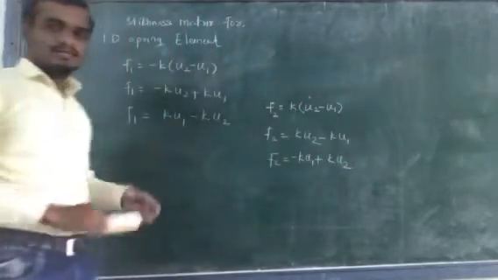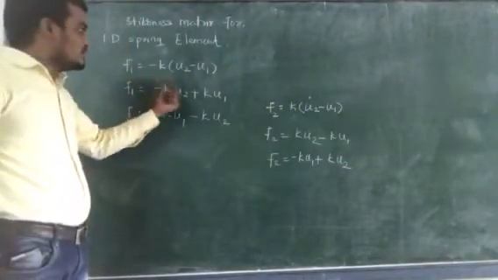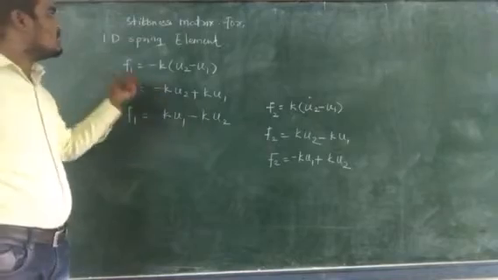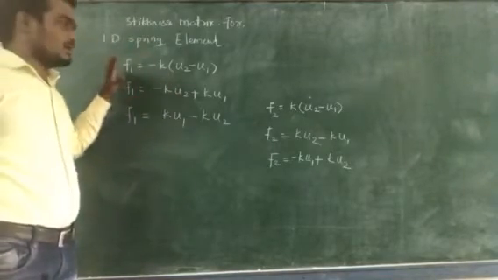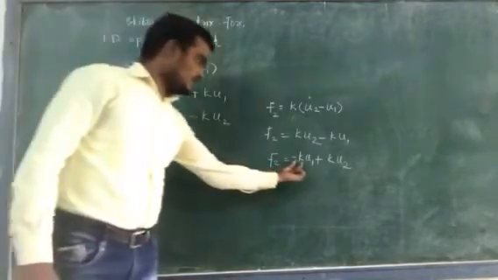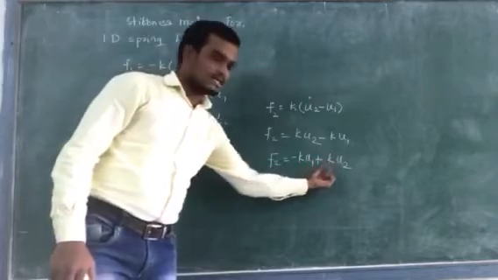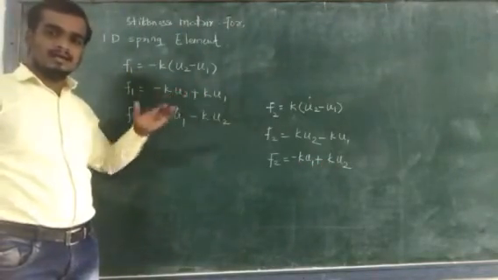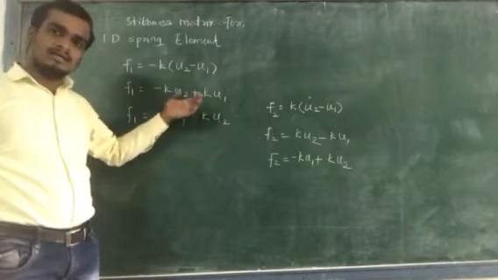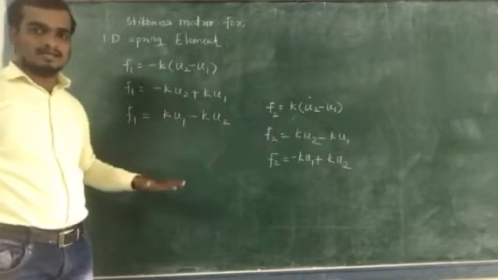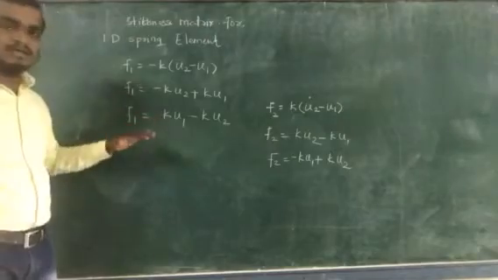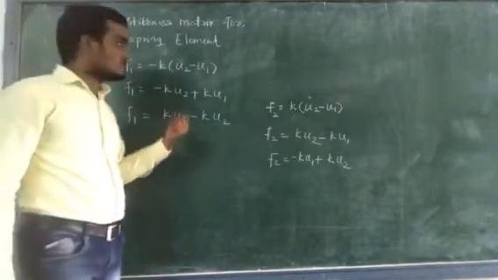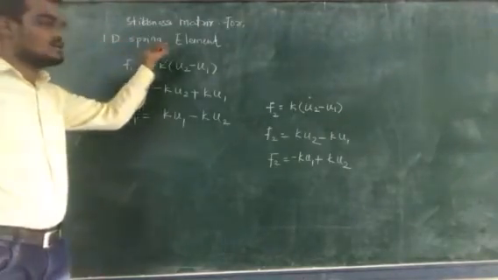In a similar way to how we derived the stiffness matrix for the one-dimensional bar element, where instead of K we wrote A by L, we will derive the same stiffness matrix for the one-dimensional spring element.